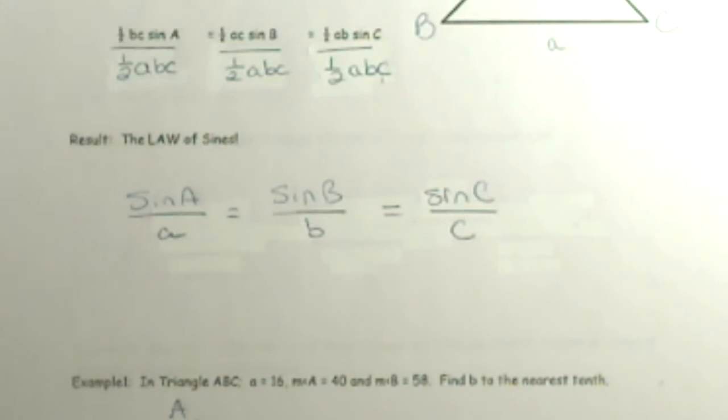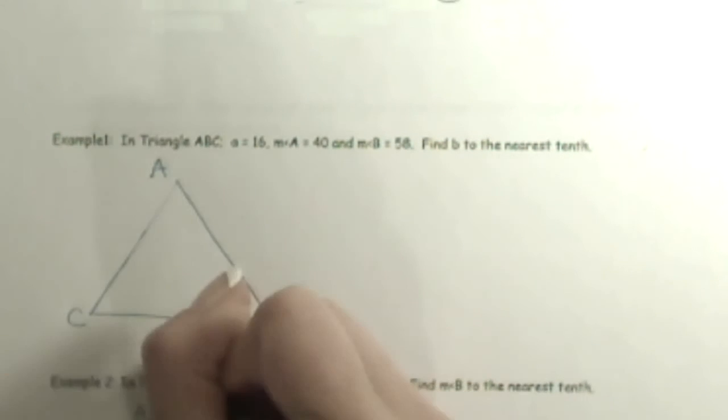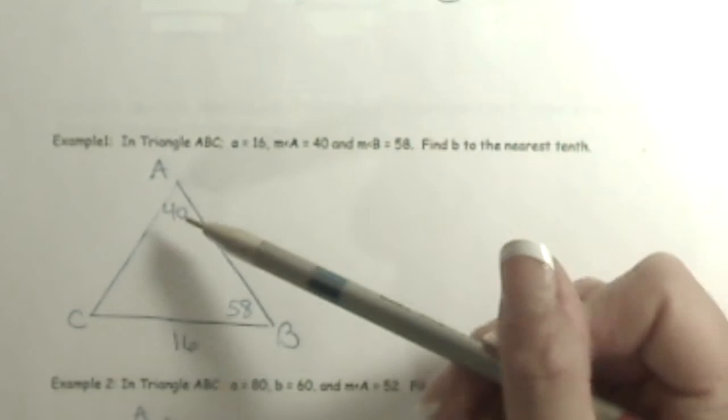So let's use this to solve a few problems. In triangle ABC, side A, little a, is 16. The measure of angle A is 40, and the measure of angle B is 58. In law of sines, you have the sine of an angle over its opposite side equals the sine of an angle over its opposite side. So taking two at a time, I can just use it as a proportion.